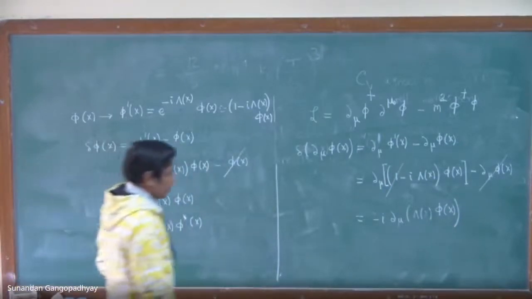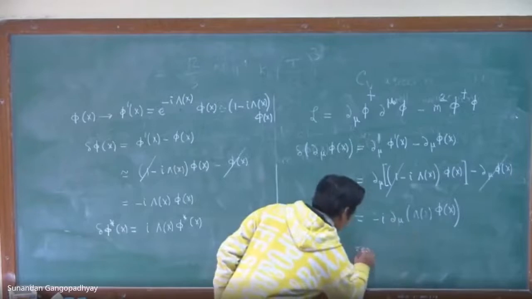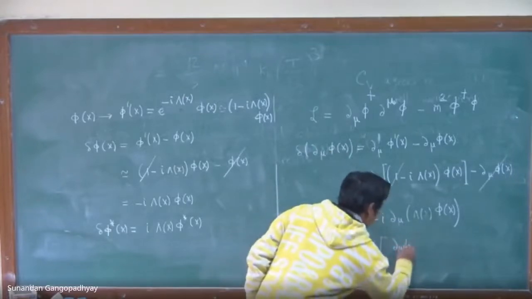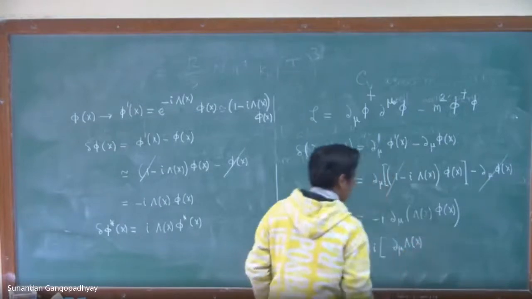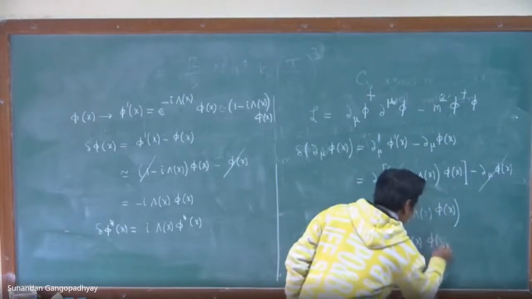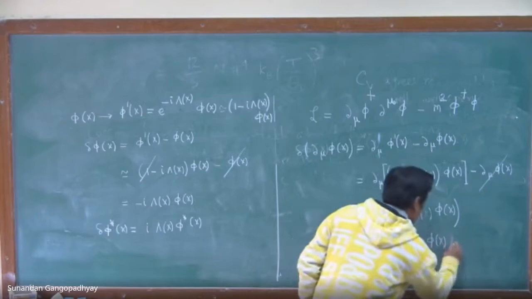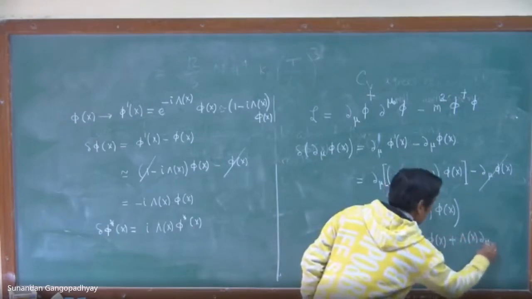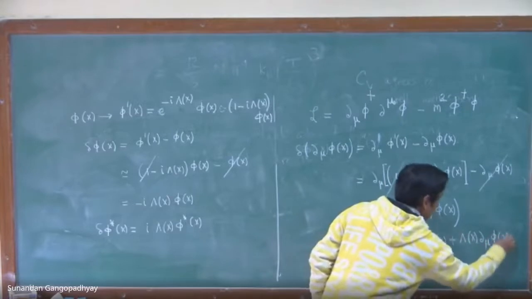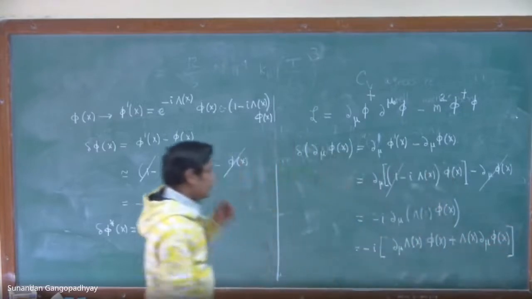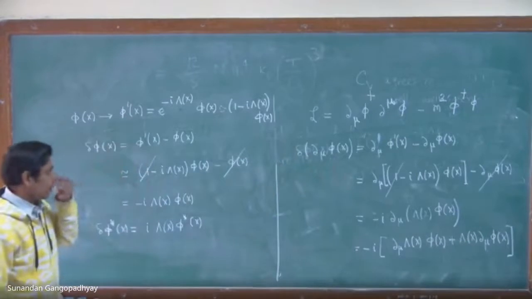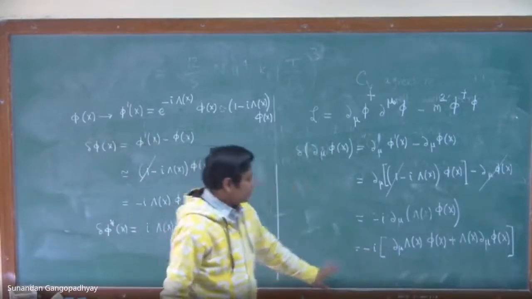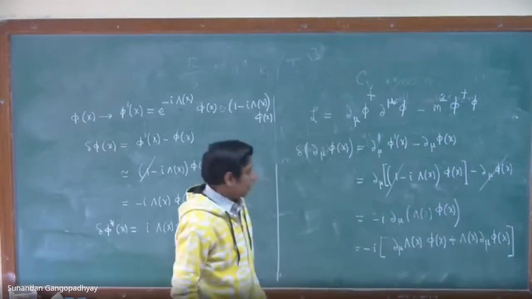Now we can see that there are two terms: minus i del mu lambda of x phi of x, plus a term with lambda of x times del mu phi of x. So you can see what delta of del mu phi of x is: basically the sum of two terms.